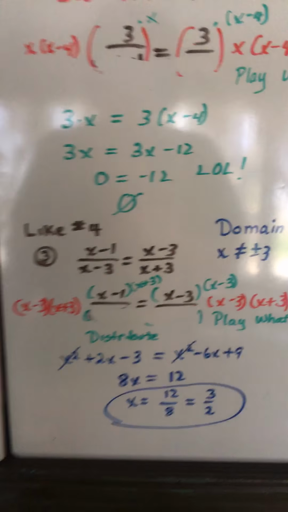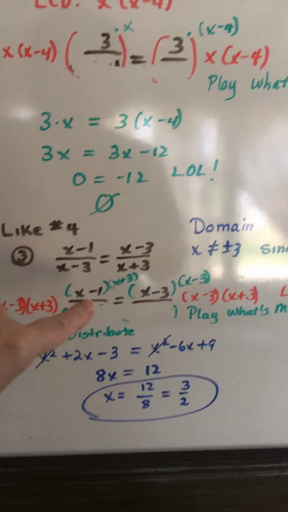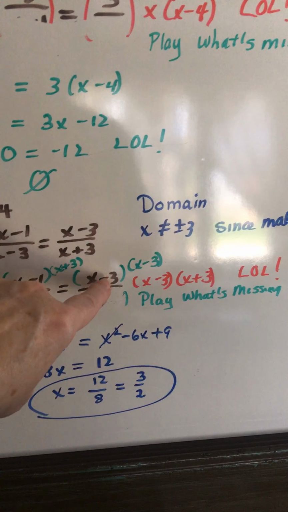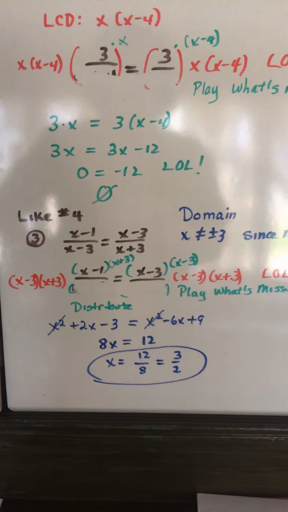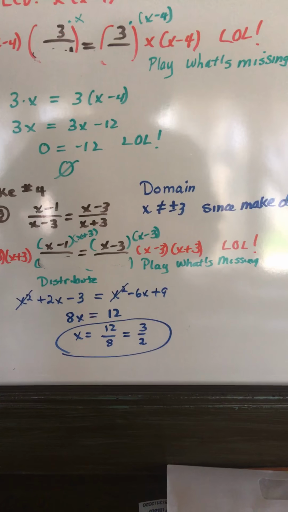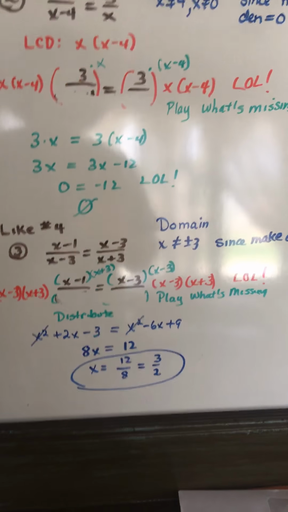So the denominator's gone. I distribute. Since this is an easy one, negative 1 and 3 give me 2, and negative 3 and negative 3 give me negative 6. The x squareds cancel. I solve and reduce. x equals 3/2, which is not plus or minus 3, so I'm happy.